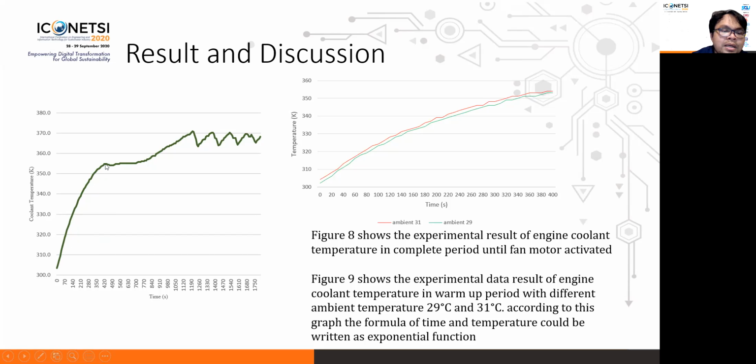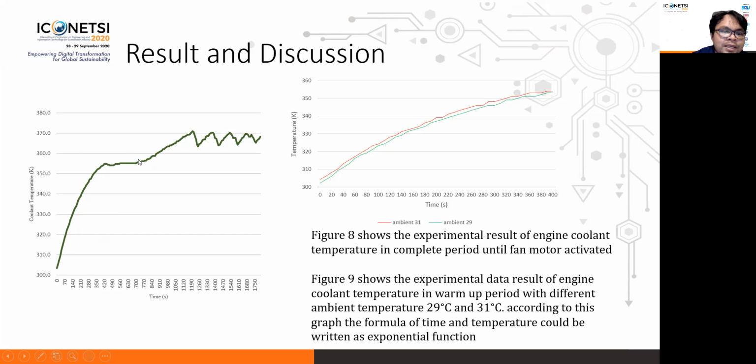And at this point, the thermostat is already open. If the thermostat is already open, the coolant is cooled in the radiator. That's why the graph goes a little bit flat here.